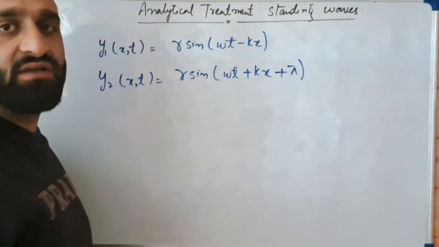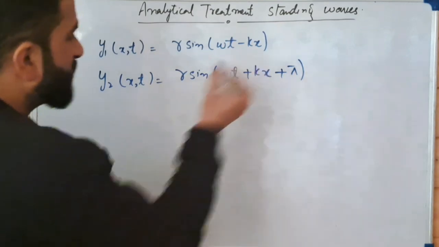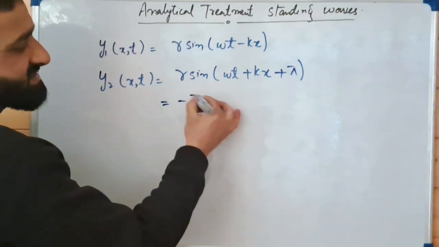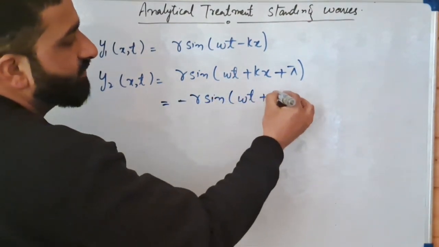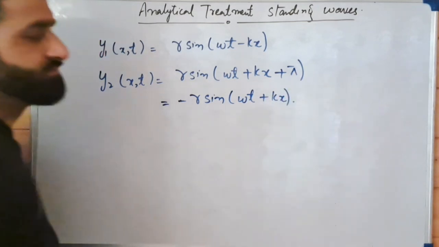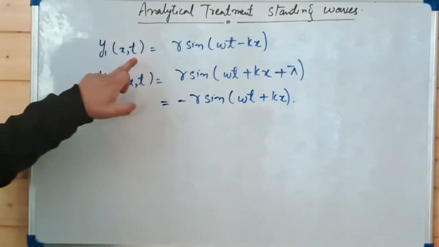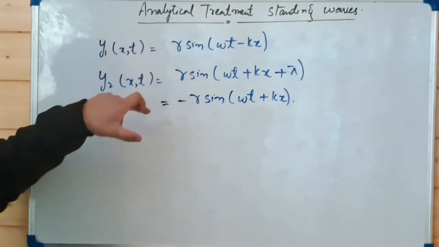We know that sine of (theta plus pi) is equal to minus sine theta. So we can write y2(x, t) is equal to minus r sine of (omega t plus kx). Now, these two waves y1(x, t) and y2(x, t) superimpose on each other.